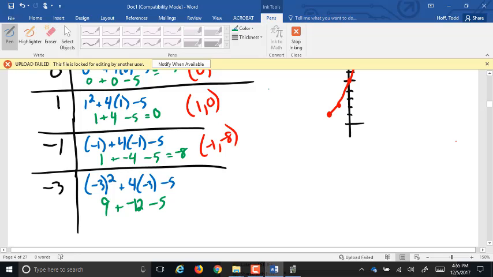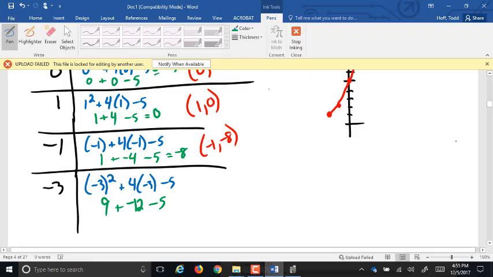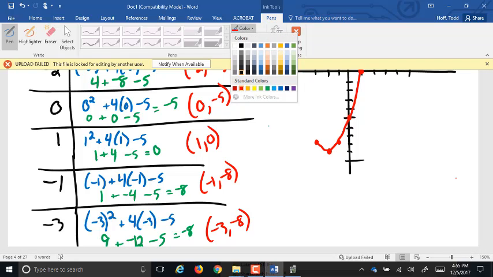And minus 5. Well, 9 plus negative 12 is negative 3, minus 5 is negative 8. So when x is negative 3, y is negative 8 again. So negative 3, negative 8 is right there. So this starts to go back up. And so we would keep picking points.